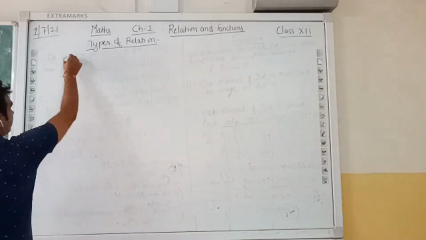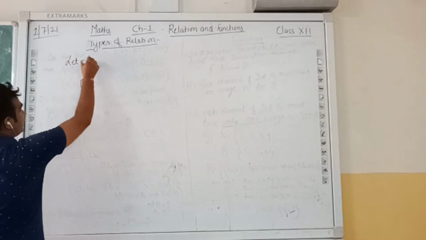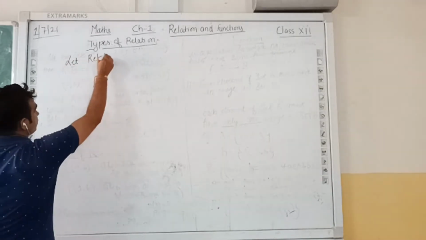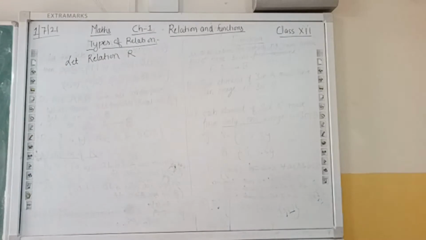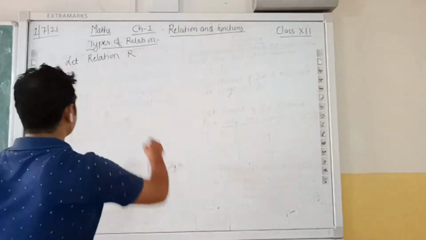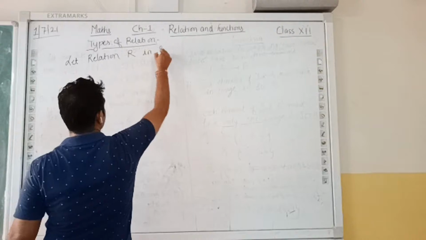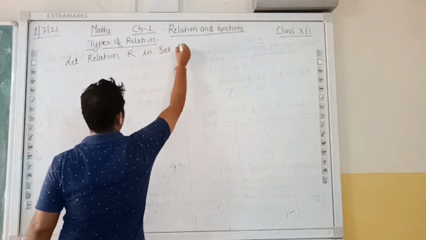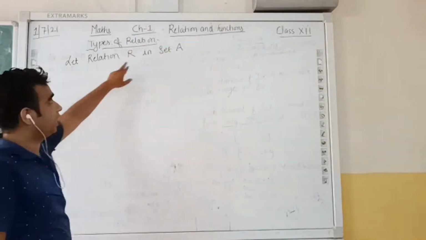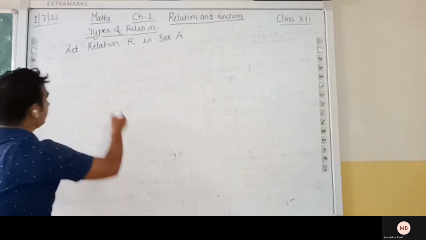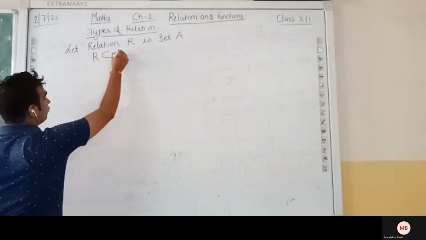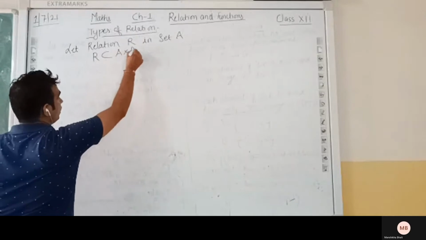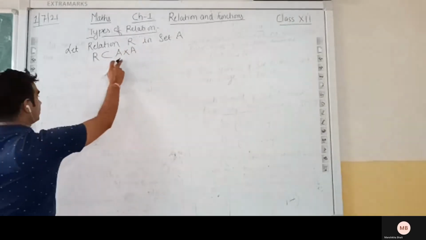So here let there be a relation R in the set A. Okay, so here we can say that R will be a subset of A cross A. R is a relation which will be a subset of A cross A.